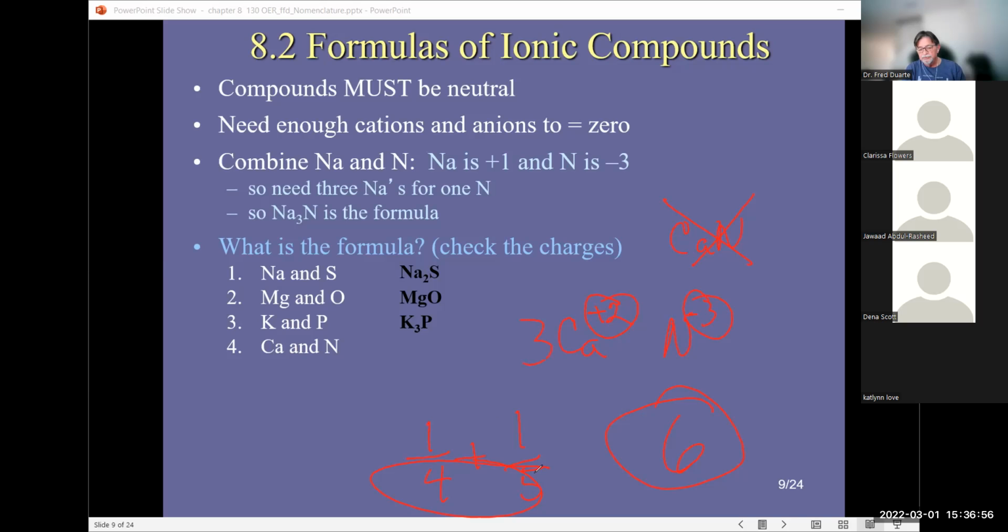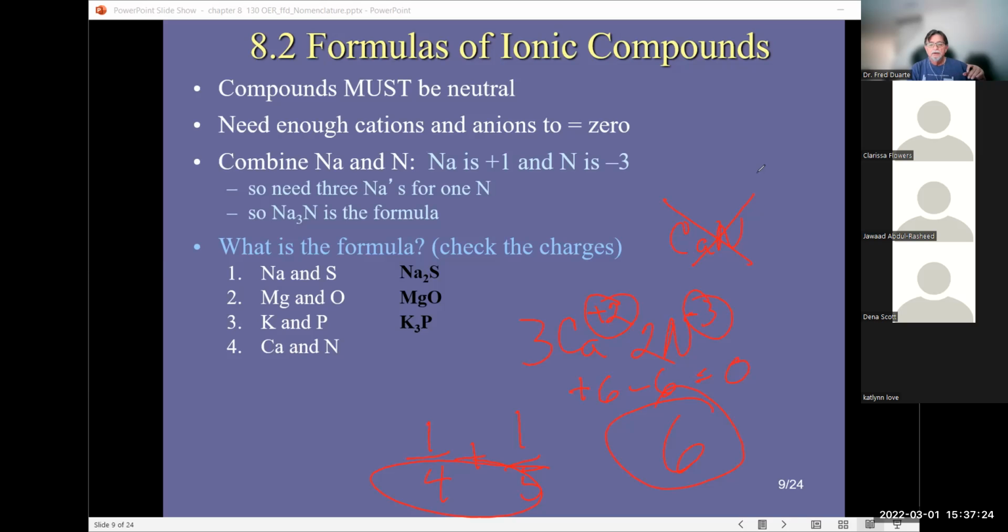If I need 3, 3 times +2 is a +6. And I need 2 nitrides because 2 times -3 is a -6. Do I not have a +6 plus a -6, and isn't that equal to 0? Yes, it is. A lot of times you're going to see that when you get two charges that don't match up, find a common factor between the two.